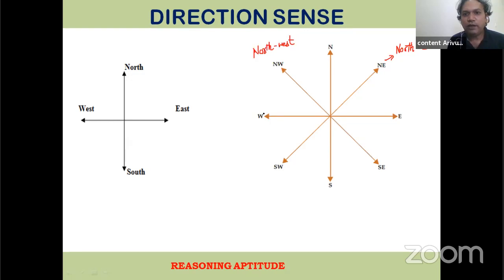That's between north and east, so that's called northeast, and between south and east, we have southeast, and between south and west, we have southwest. Correct? So now it becomes 8 directions. How many directions? 8 directions. So four principal directions are there, and overall we have 8 directions.